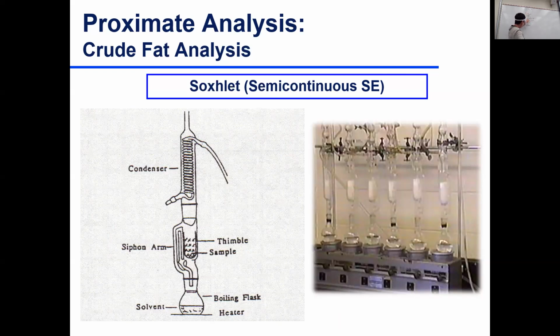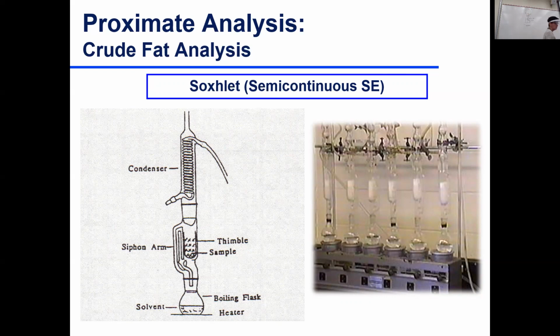But here there's an opening. So this is a glass container. So you put the thimble in, and it's not closed, it's open. So your sample is contained in the thimble. It doesn't come out, but it's porous. The solvent can go through. So the solvent goes up, evaporates, condenses into the thimble, solubilizing the fat, and goes down back to the flask.